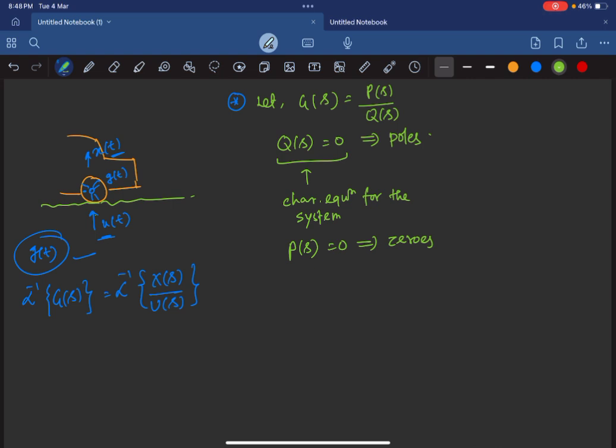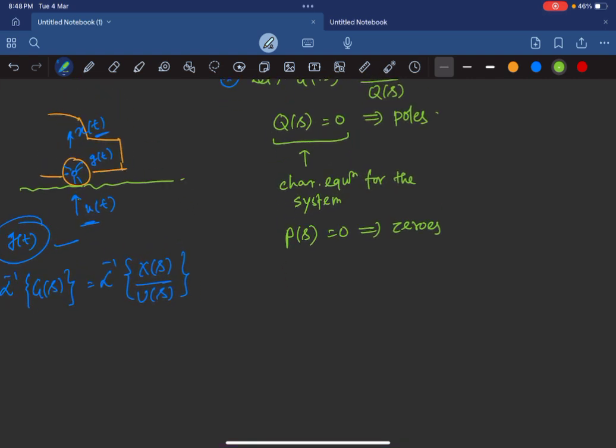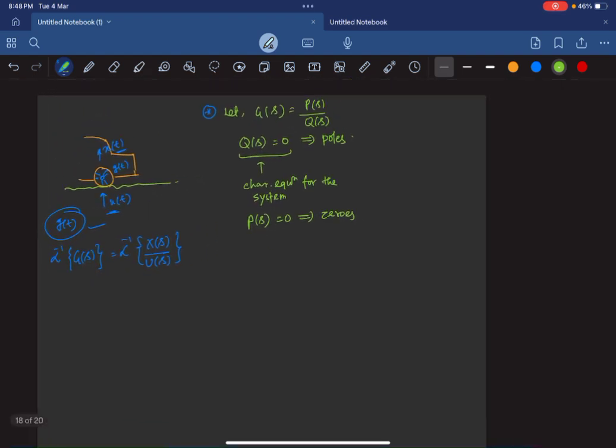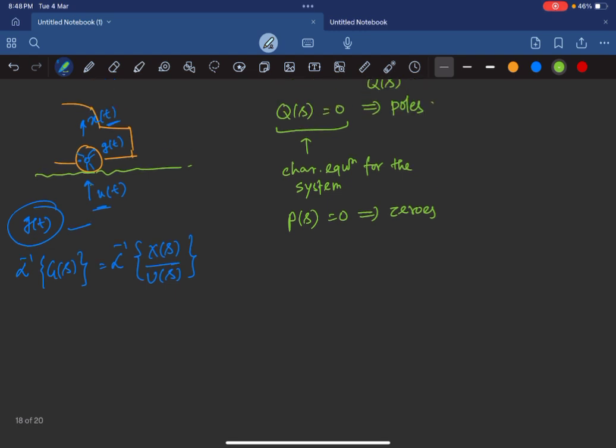Now see, poles and zeros we can get. Another thing you should keep in mind is that this s is nothing but a complex number. So s has two parts: s equals the real part of s plus, because it is in the s plane, j times the imaginary part of s.